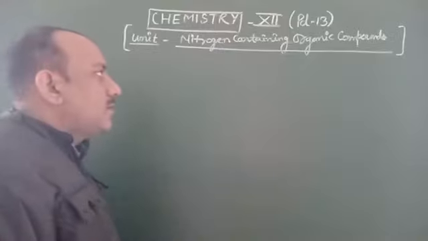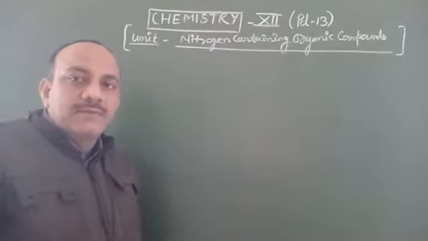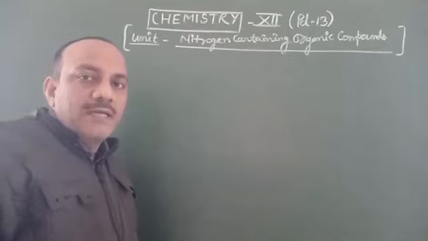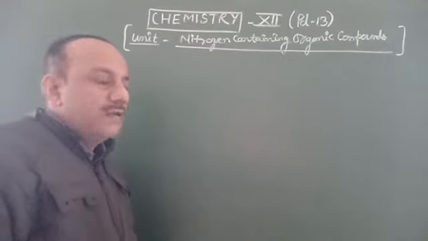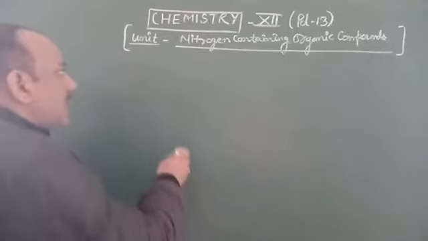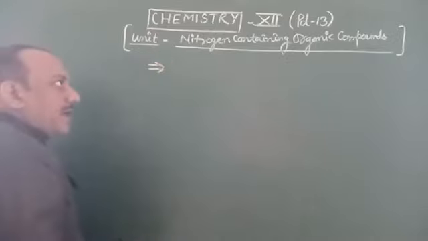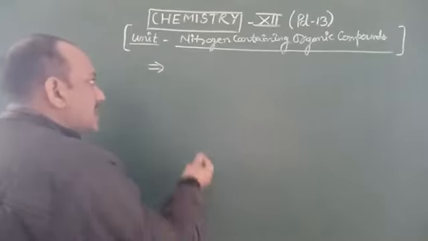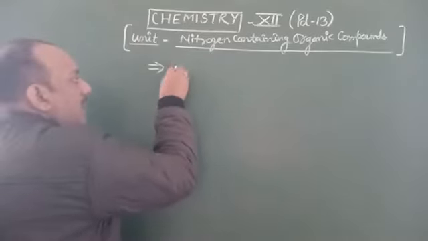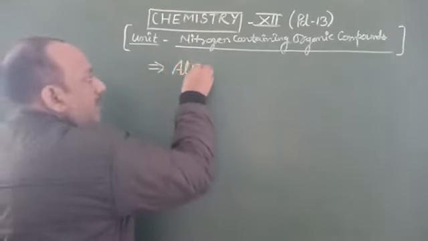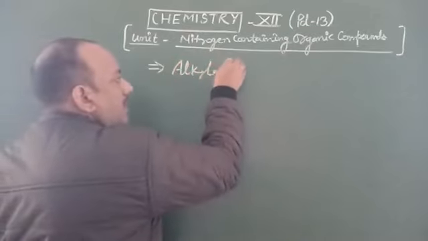Students, today we are going to discuss the other chemical properties of aniline. In the previous class we started with chemical reactions, and today we discuss an important chemical reaction named alkylation.